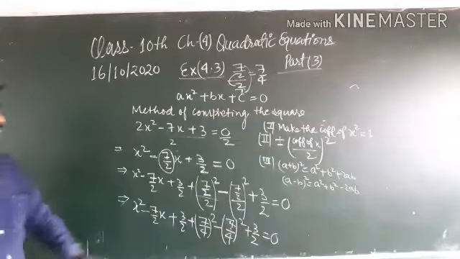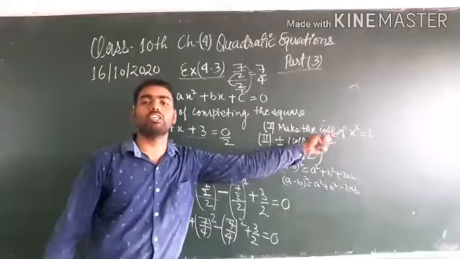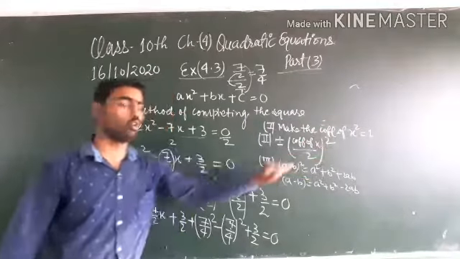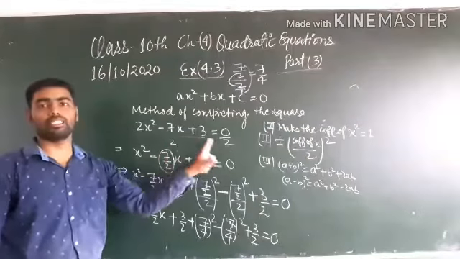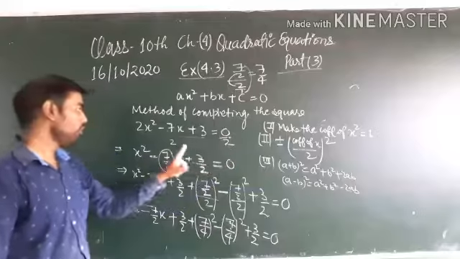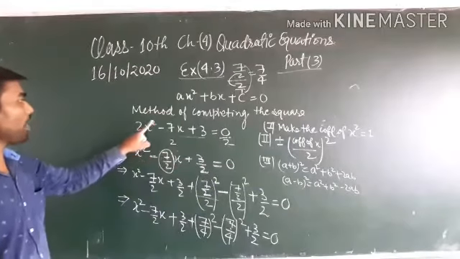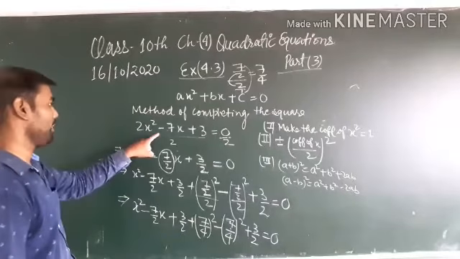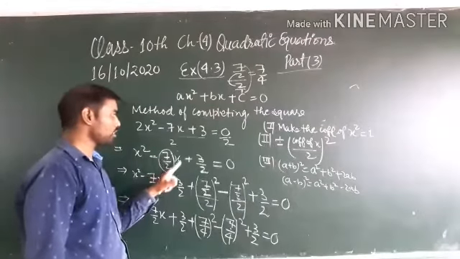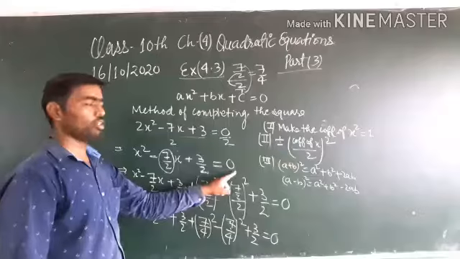So first step, make the coefficient of x square equal to 1. So we divide this quadratic equation by 2 on both sides, that is, left hand side and right hand side. When we divide 2x square upon 2, it cancels out, and we get x square minus 7 by 2 x plus 3 by 2 is equal to 0.